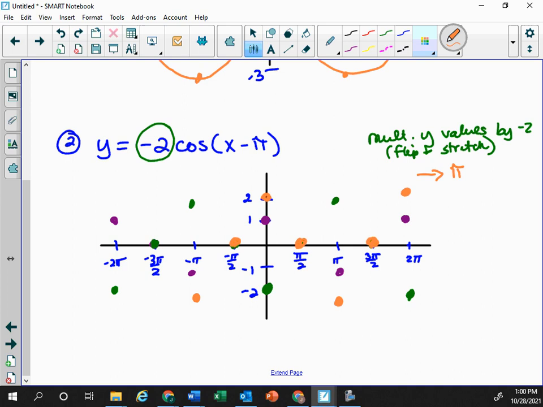You guys see it? Oh, okay. We're okay with the orange dots. So we're up here at 2, 0, -2, 0, 2, 0, -2, 0, 2. Okay. Yep, follow that pattern.